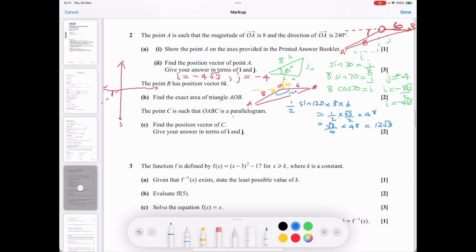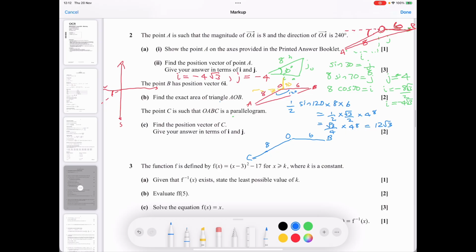Now, we've got the point C is such that OABC is a parallelogram. So if we redraw this again, so that would be O, this is B, this is C. I've not drawn it particularly well. This is an 8 and that's a 6.